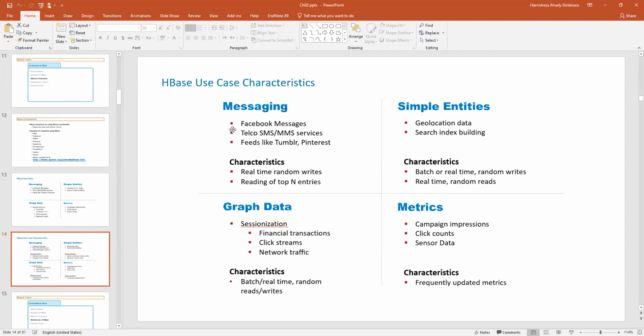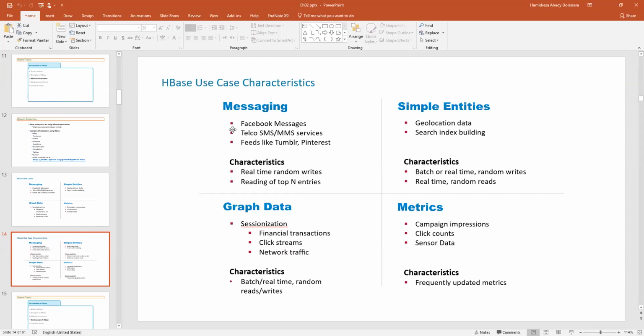The characteristics are that they can handle random reads and writes, reading of top-N entries, and simple entities such as geolocation data, search index building, graph data, and metrics. Messages might be the more well-known examples for you.